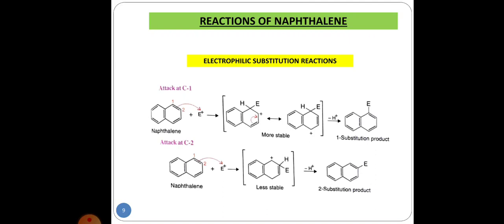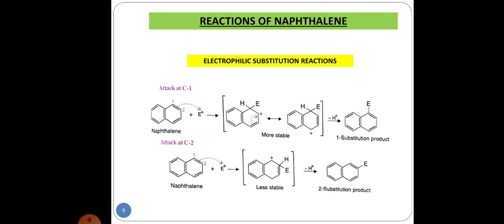When we see the reaction, we can observe clearly that when the attack at C1 takes place, the intermediate formed is more stable compared to the attack at C2, which is less stable.